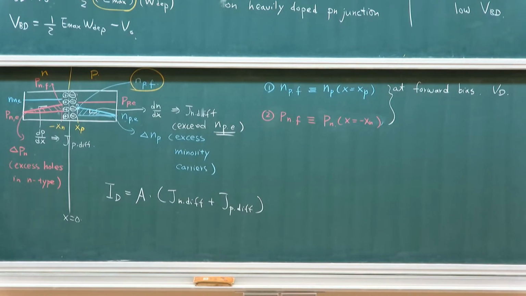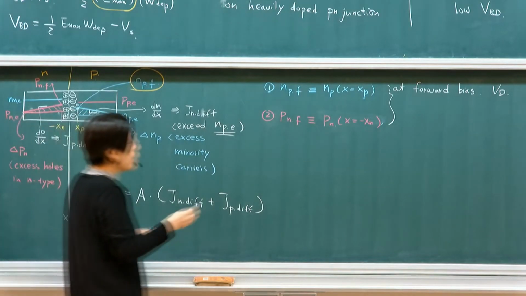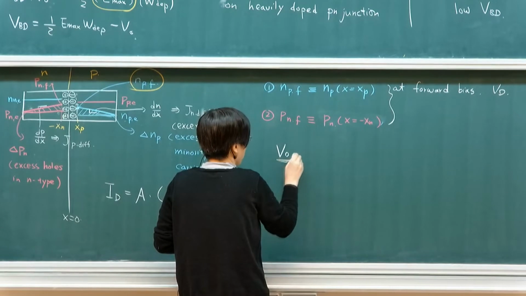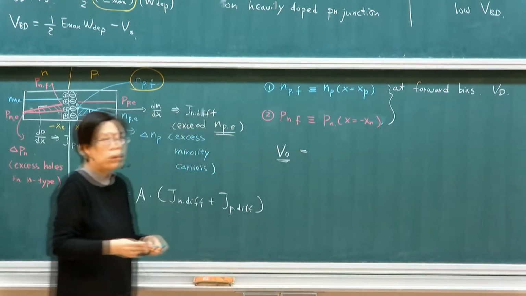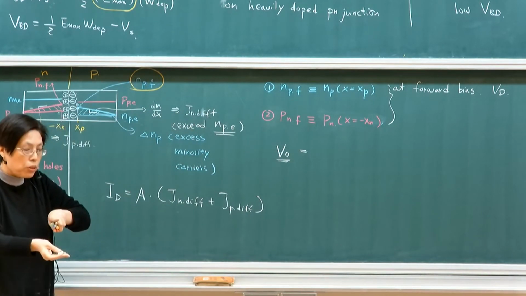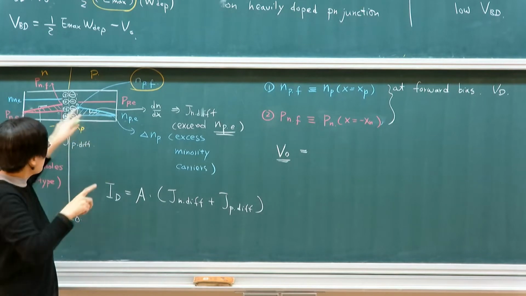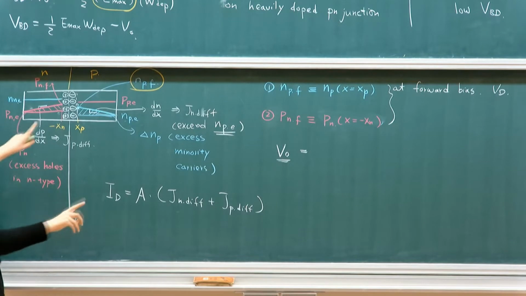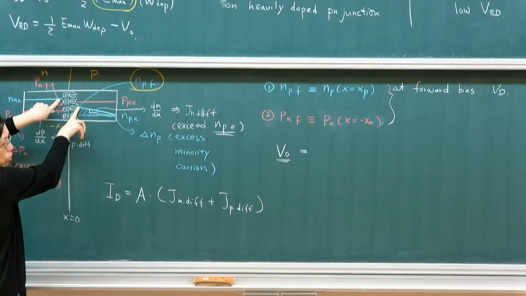I'm just going to write down our previous built-in potential. This is the barrier height, which is used to counter the potential difference between these two points. You don't actually care what happened passing through these two points. You're basically looking at these two, right?